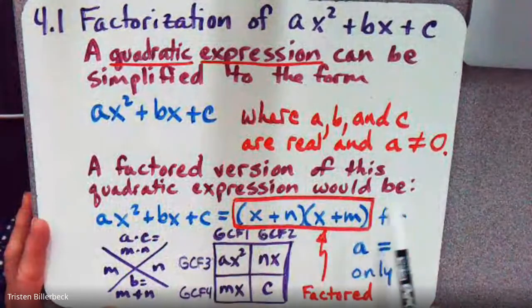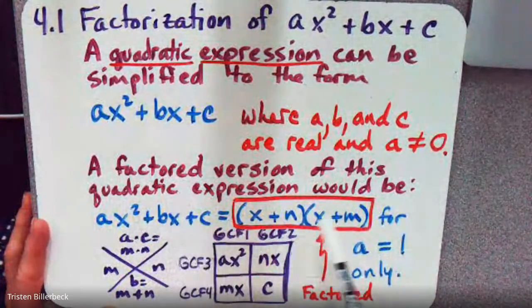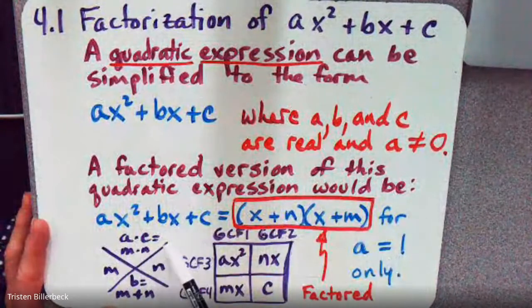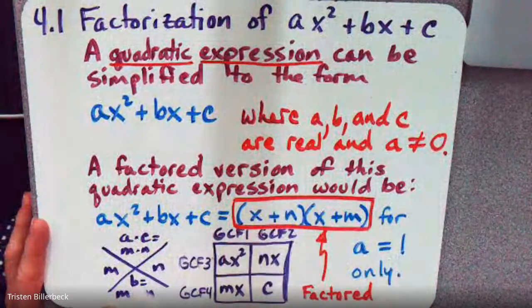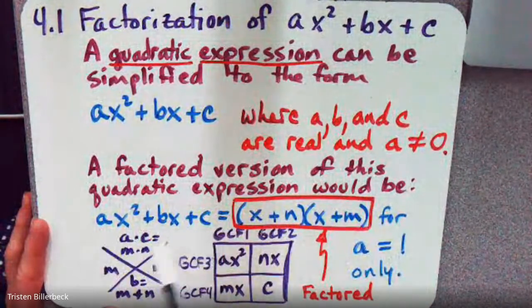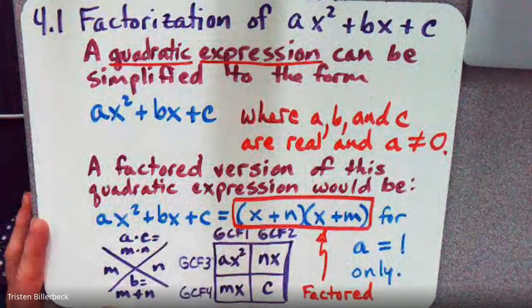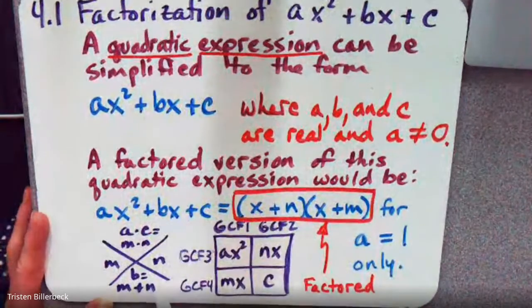So a factored version of this quadratic expression would be ax squared plus bx plus c equals, and then we could factor it if we were breaking it down here, where a times c would equal m times n, and b, the middle term here, equals m plus n.